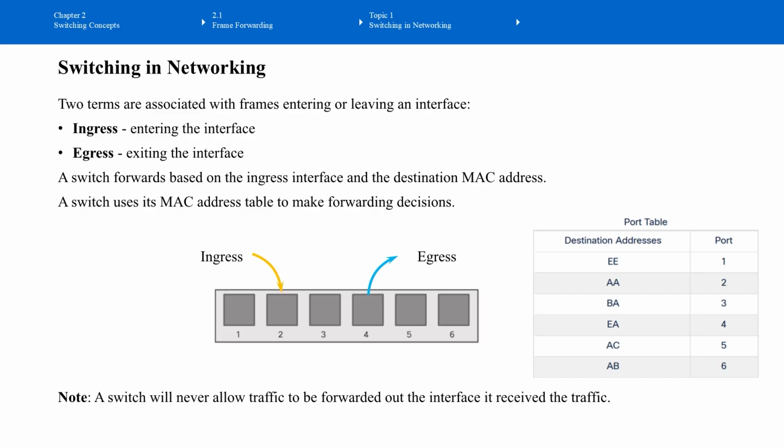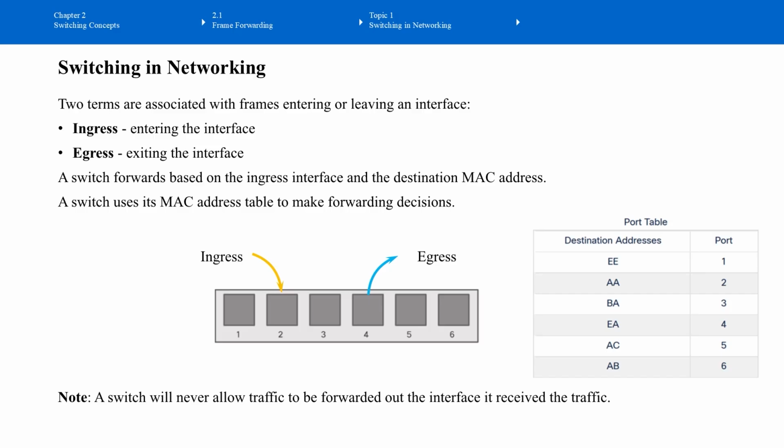As you can see, for port 1, currently the destination address is EE. Port 2, the destination address is AA. So the data in port 1 will go to EE. For data in port 2, it will go to AA.